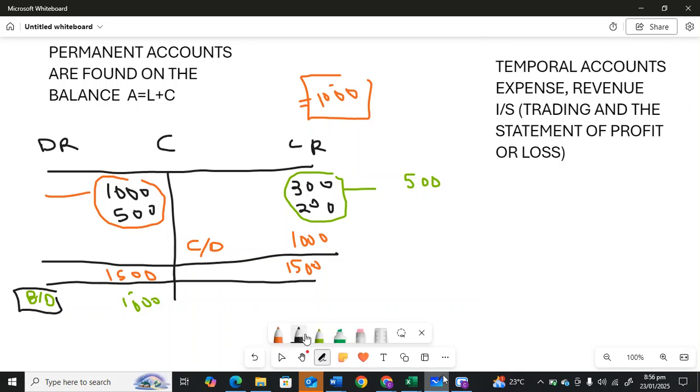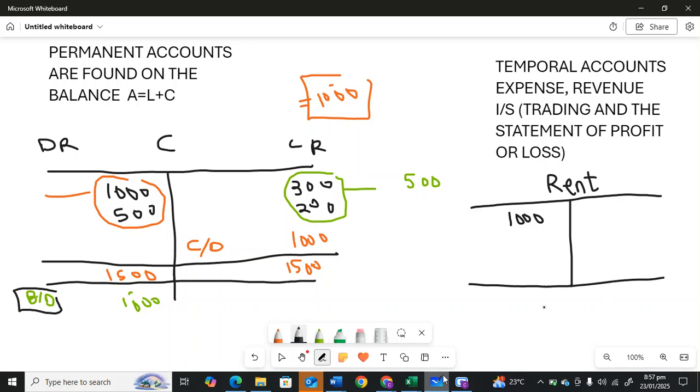So with the temporary accounts, let's say for example, this is rent. On the debit side, we have 1,000. The end of the year comes, we need to close it. So we're just going to put this same 1,000 on both sides.